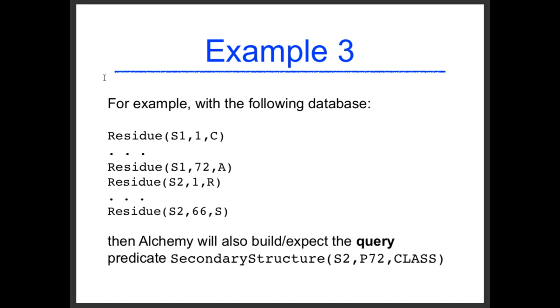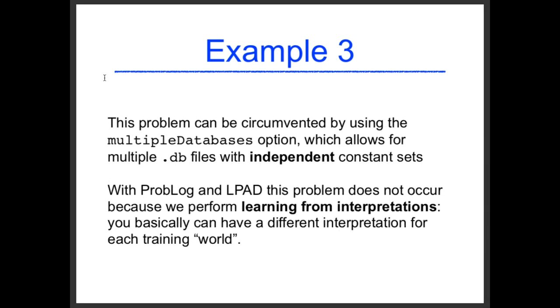So there is a solution to this, but you have to be careful to use it. The solution is to use the option called multiple databases. So you have to put every protein in a different DB file, one DB file for each protein.